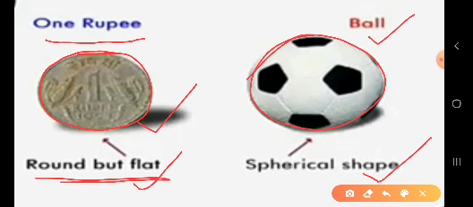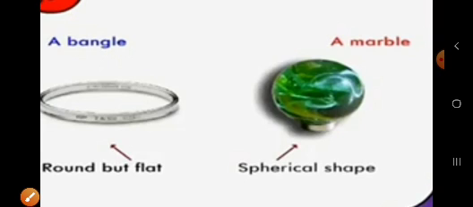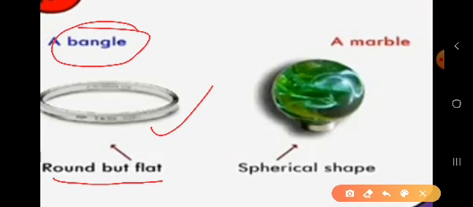So children, let us see the next picture. Here we can see a bangle. This bangle is round but flat, whereas here we have a marble.